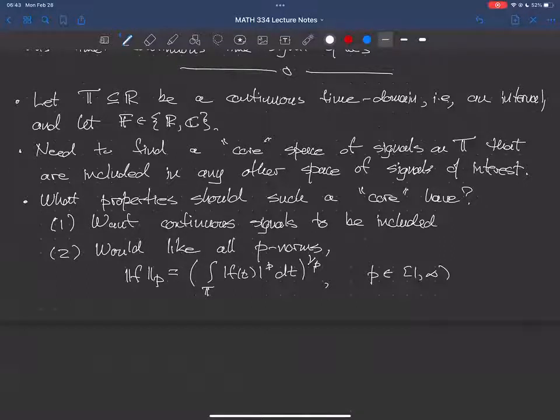That's the integral version of the P norms, for P less than infinity, and then of course there's also the infinity norm. You would like all of these norms to be defined on your signals.